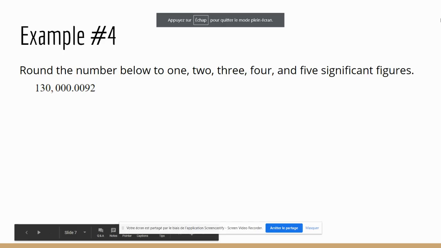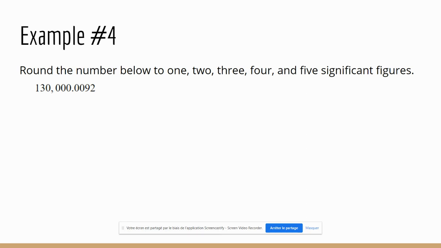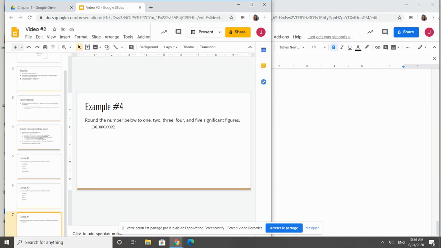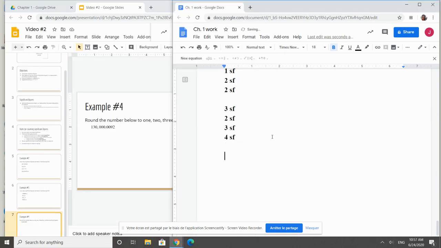Pause here and take a moment to try this. So this is actually typically how we have to apply sig figs, rounding measurements, or not really measurements, but like compound measurements to a certain number of sig figs. For example, if you're doing a density calculation and you need to take whatever number you get, your calculator might give you like 0.33333333, but you're only allowed to have a certain number of sig figs. That's where this has applications.